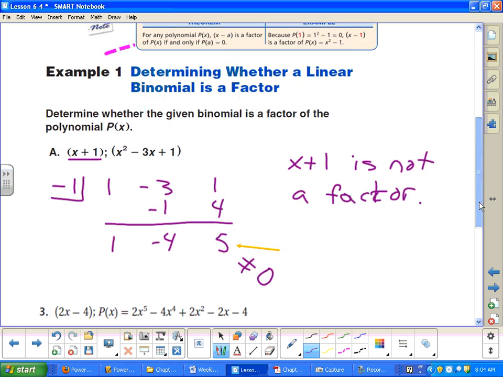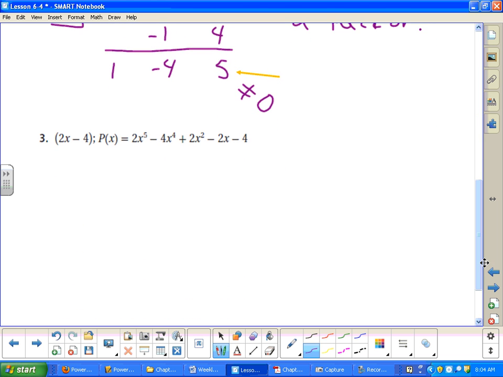Now, if we have a case like this example here, which was number 3, it's very similar. The only thing is it says 2x minus 4 as our factor that we're looking at. We talked about how you can't use synthetic division for that one because of the 2 in front of the x.